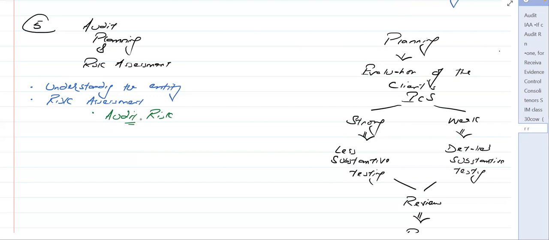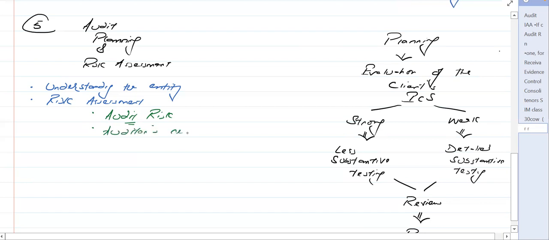So at the planning stage, you are taking an understanding of the entity, and alongside that, you're identifying the risk of material misstatement, the areas where you may see it. And then it will be accompanied by the auditor's responses towards the assessed risk.